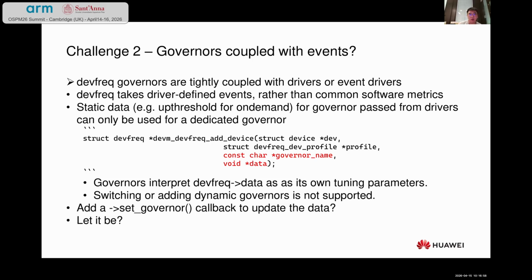So there might be some software refactoring or rework if we need to add a new dynamic governor or a new scheme for setting different governors for one device. Maybe add a new callback for that. For example, add a set-governor callback so the driver can set the data every time they change a governor. That might be a solution, or let it be.